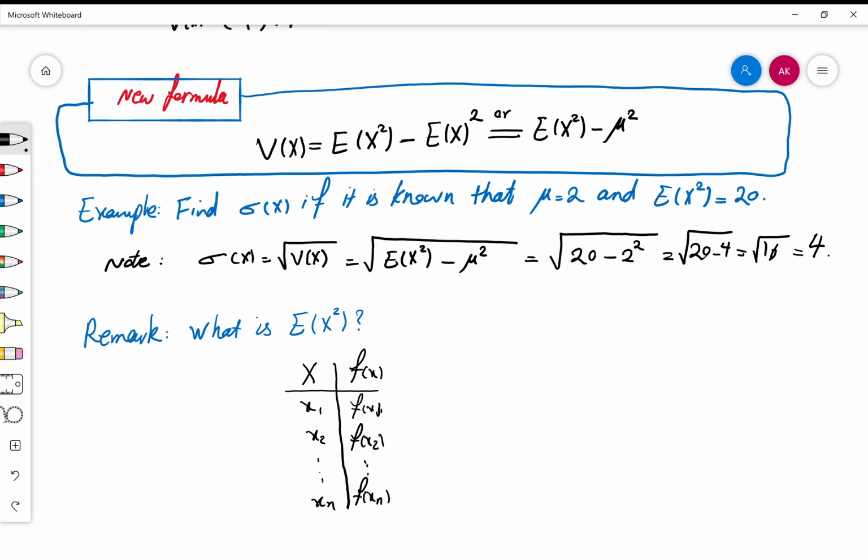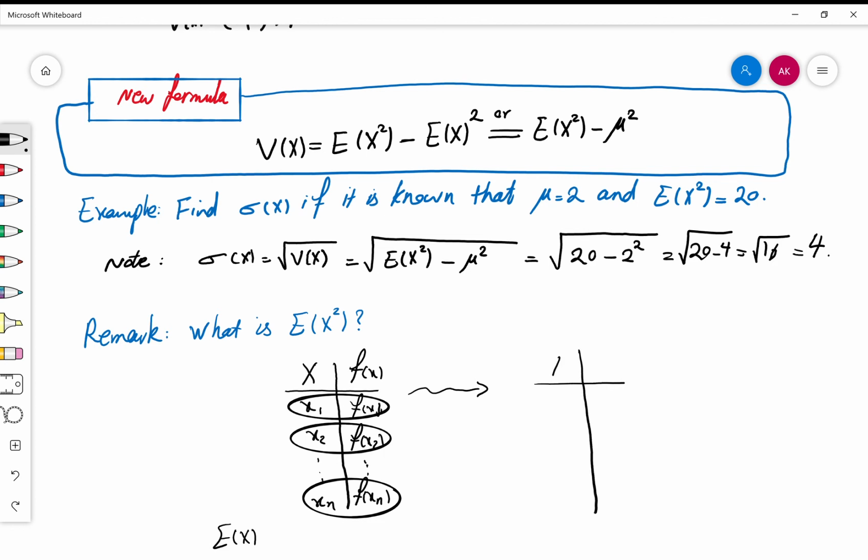This is just X itself, and we know what to do when we are trying to find E(X). You multiply each number by the corresponding PDF value and then add them. But I'm not looking for E(X), I'm looking for E of X squared.